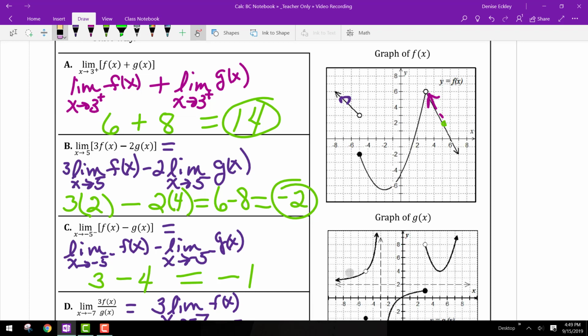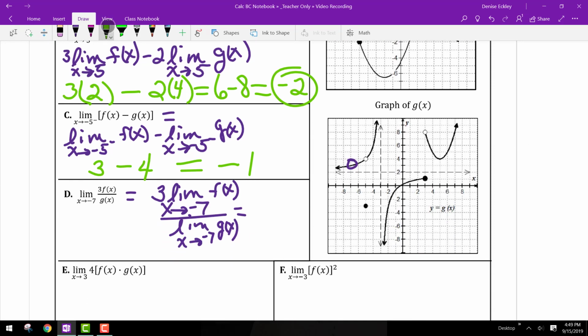So writing that down, we have 3 times 5 that we found on the graph divided by 3, which gives us a limit value of 5.